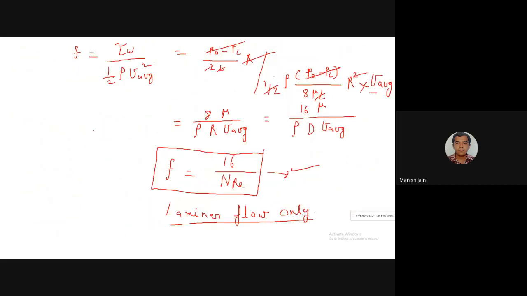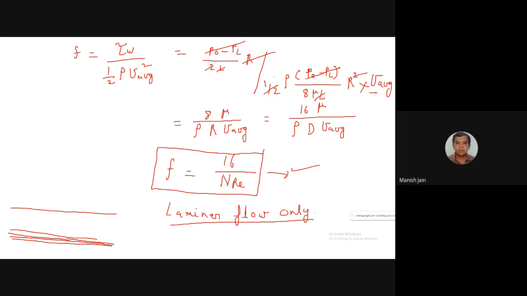Suppose you have a pipeline, okay, and fluid is flowing in the laminar region, so you have flow in layers. Okay, so only the layer which is adjacent to the solid material will feel the effect of the surface roughness.